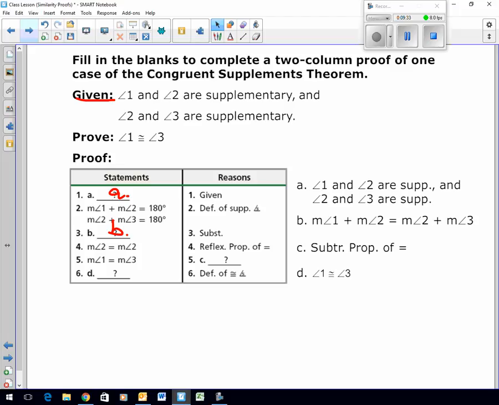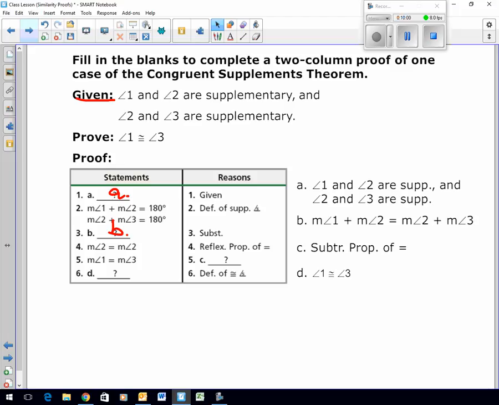Is 180 equal to 180? Yeah. So if the sum of these angles is 180 and the sum of these angles is 180, I can set those angles equal to each other, right? That's all I've done there, okay? That's how I've substituted.